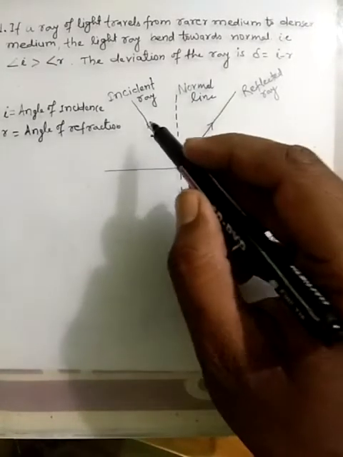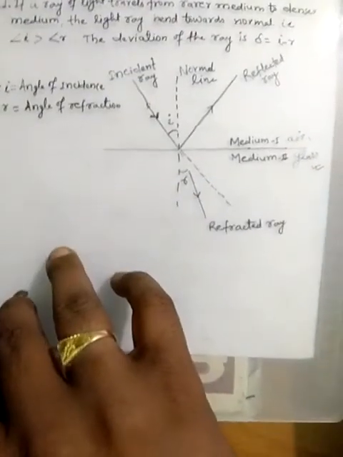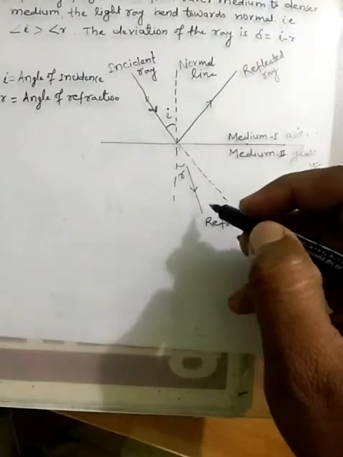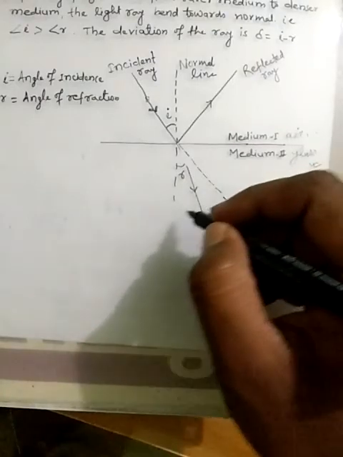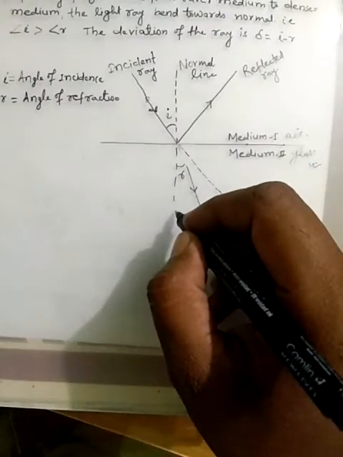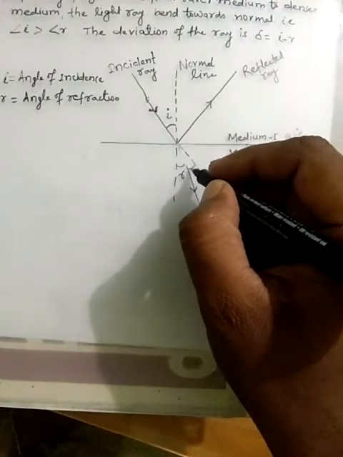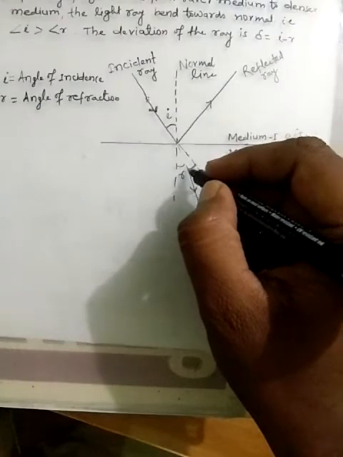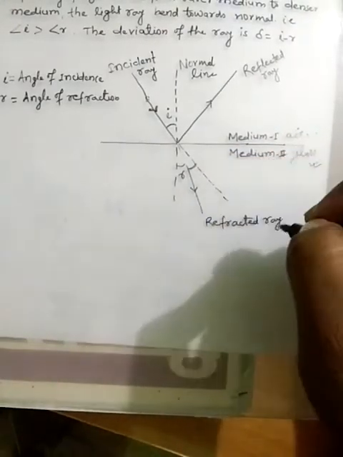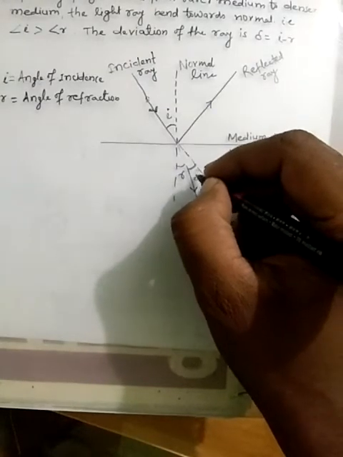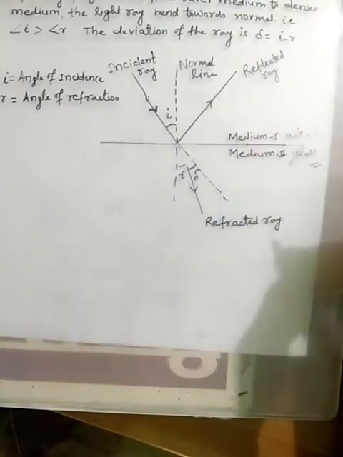In this condition, the incident ray after refraction bends towards the normal. That is, there is a deviation in the angle of the refracted ray. This deviation angle is represented as delta.